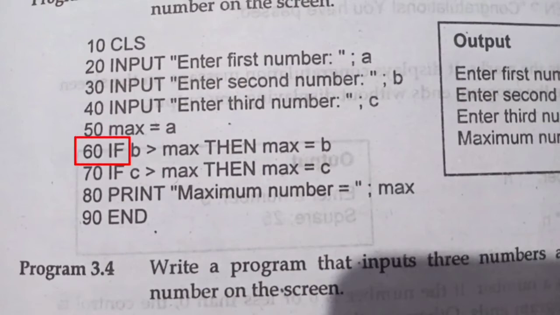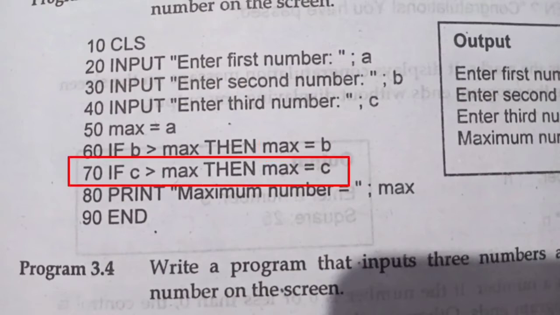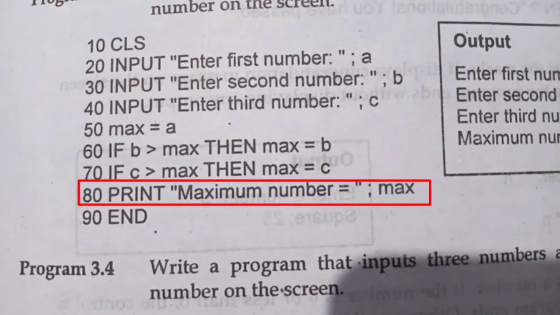In line 60, we use an if statement like if b is greater than the maximum number, then maximum number is equal to b. Similarly, in line 70, if c is greater than the maximum number, then maximum number is equal to c. Now control moves to line 80.